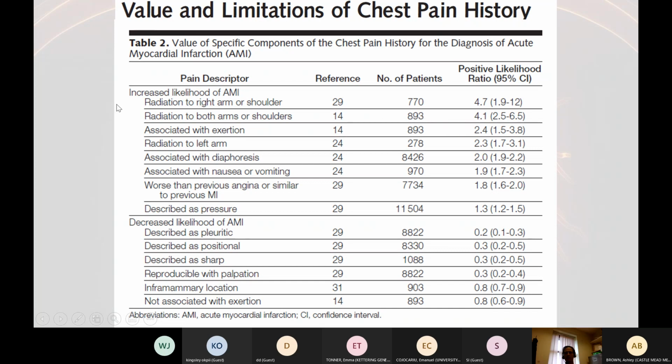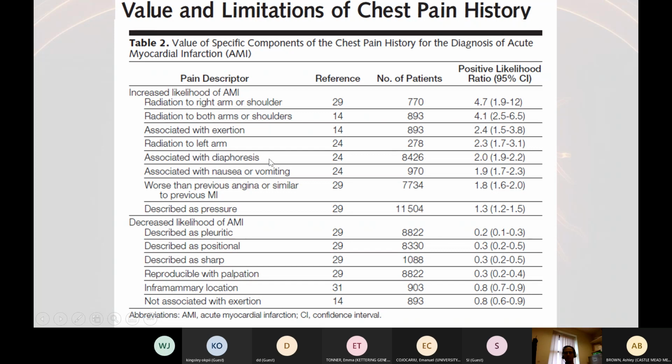So don't rule it out, or say it's non-cardiac, because they haven't read the textbook properly, because it's supposed to radiate to the left arm. Actually, radiating to the arm or shoulders, either side or both, is quite specific for cardiac chest pain. So radiation is important, and it can radiate left or right, but more commonly it radiates to the left side.